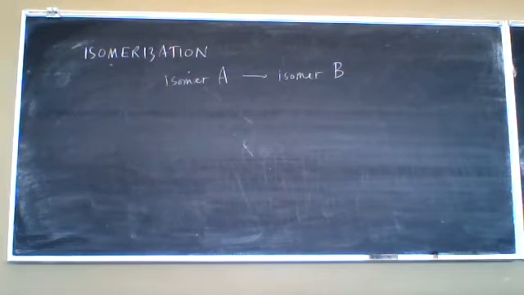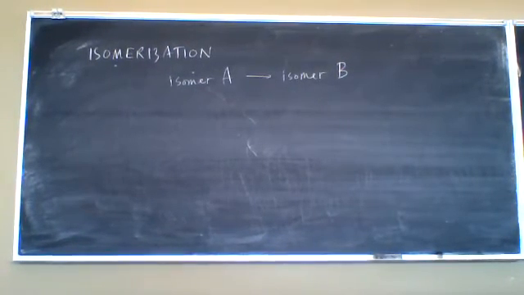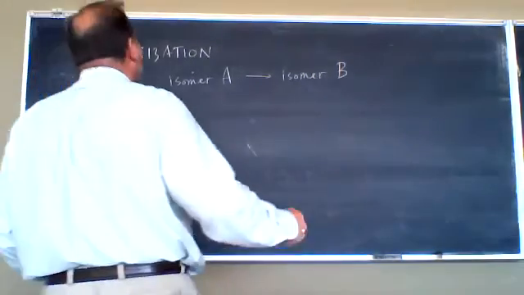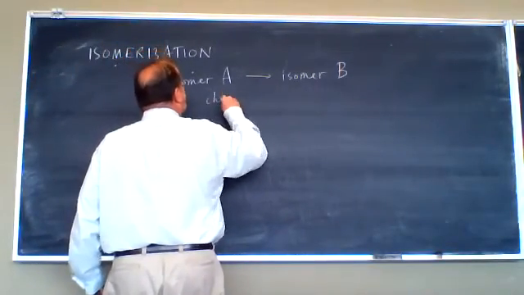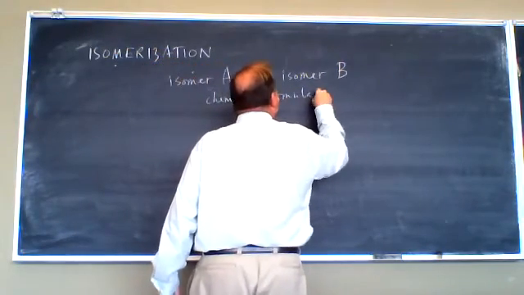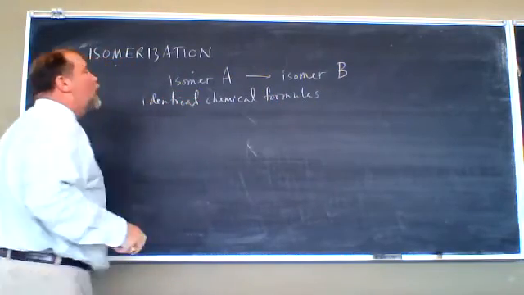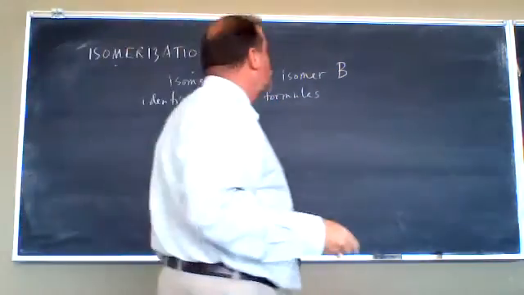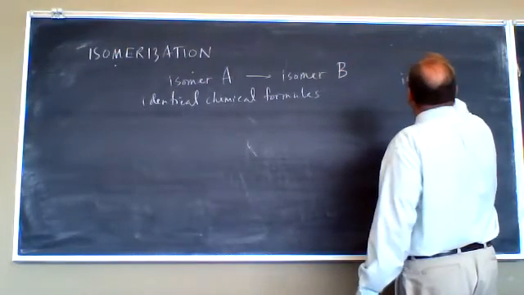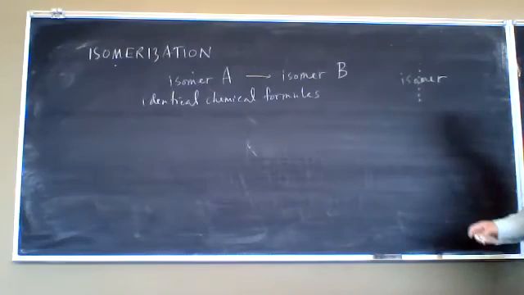Now, A and B are said to be isomers of each other if they both have the exact same chemical formula. The word isomer is Greek.